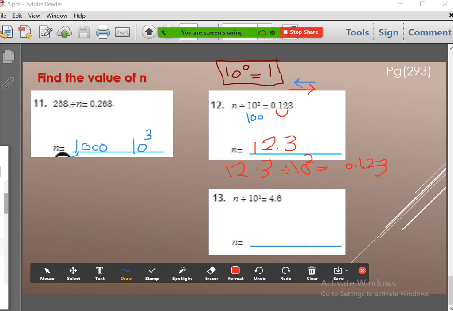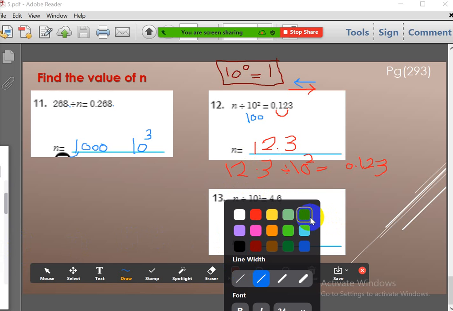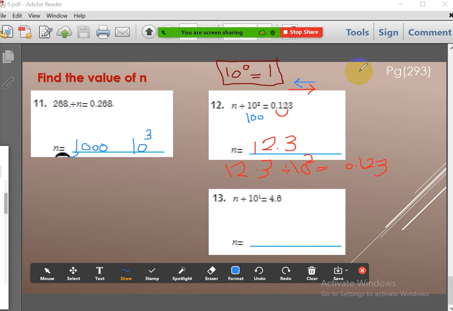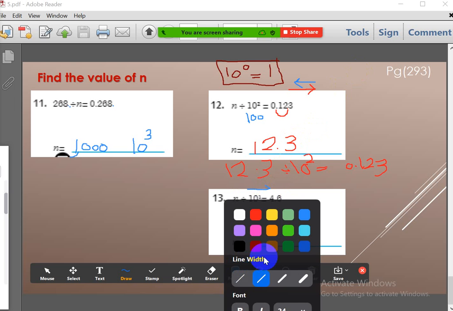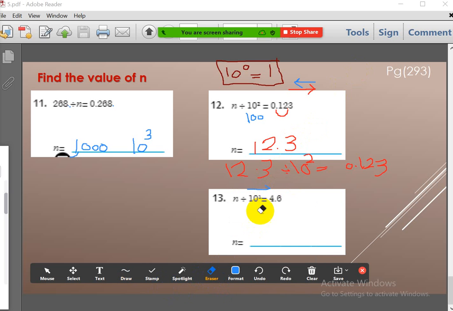Thank you, Aryaf. So also here n is a dividend. I want to divide a number on 10. The answer will be 4.6. You know, when we divide any number on 10, I will move the decimal point to the left side 1 digit.